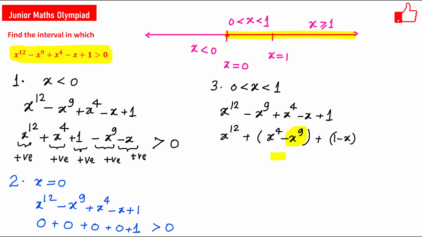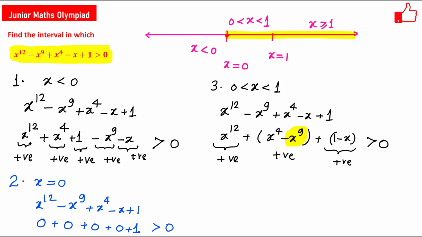This means this quantity is positive, and this is already positive because x lies between 0 and 1, and 1 minus x will also be positive. This means all the three terms are positive. So in this case again this quantity is greater than 0.